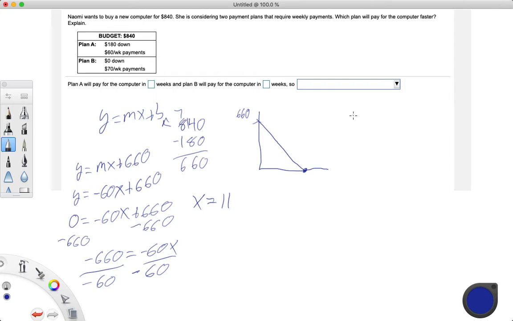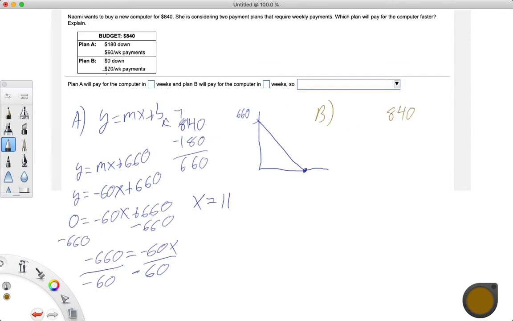With the other plan, it's a little bit easier to calculate. So this is plan 1, or plan A, make that an A. And then we'll use a different color for plan B, maybe a nice burnt orange. For plan B, there's no down payment, so we start with the full $840 y-intercept.